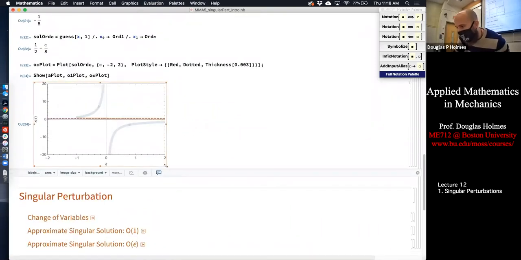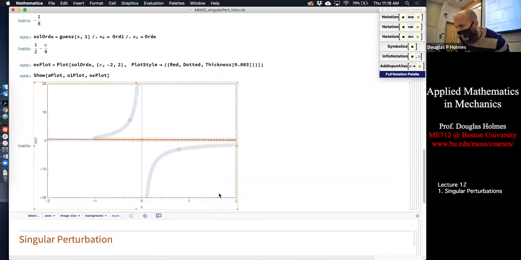Maybe you can. Let's see. Let's make this thing bigger. Yeah, sure. So you can see that as epsilon gets larger to negative, larger to positive, it's starting to deviate. If we continued, what you would find is that if we took this out to order epsilon squared, order epsilon cubed, epsilon to the 4th, every single time we would be left with one solution.